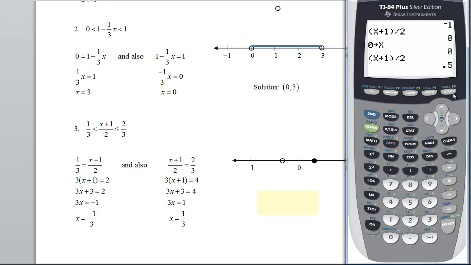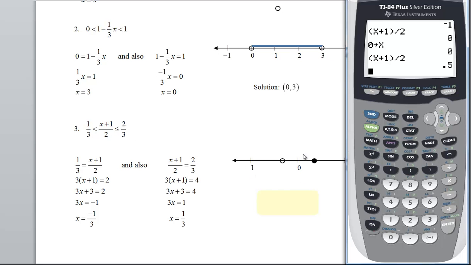Okay. Now, if it's easier for you to look at these as decimals to make a decision, then you do that. 1/3 is 0.3. It repeats. So let's see. 0.3 is less than 0.5, which is less than or equal to. Now, 2/3 is 0.66666. So to make a decision, I'm just going to call it 0.7. So we've got 0.3 less than 0.5. So far, so good, which is less than or equal to 0.7.